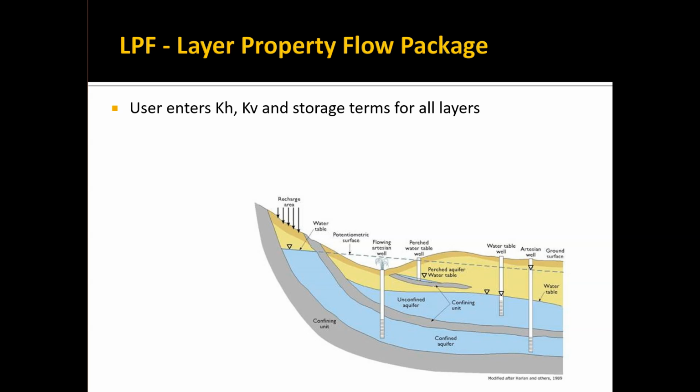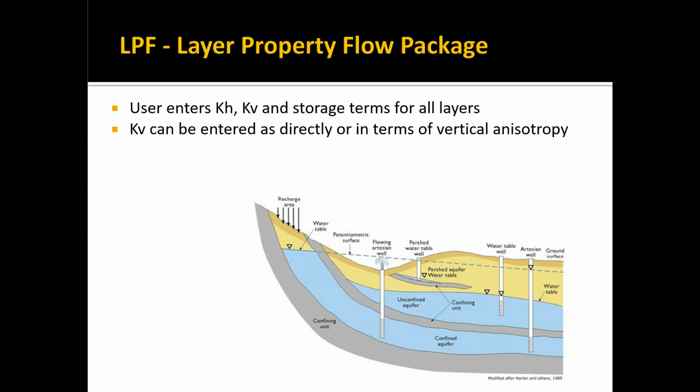And then KV is your vertical hydraulic conductivity. And you can also input storage terms, such as storage coefficient, which we'll talk about later when we get to transient models. The vertical hydraulic conductivity, you can either enter directly as a unique value, or you can give it a ratio that varies based on vertical anisotropy.